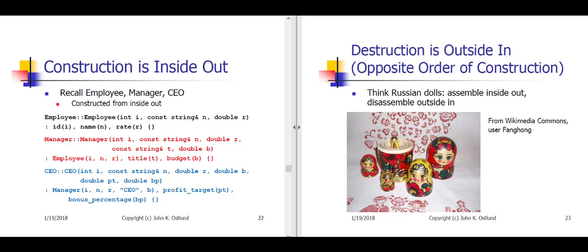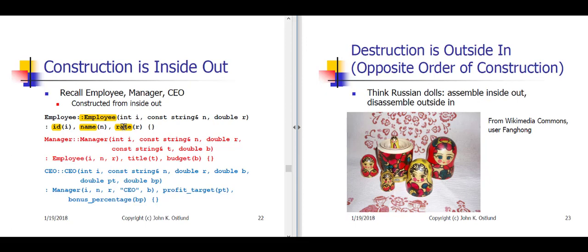Here on slide 22, we're showing a reminder of our employee, manager, CEO class hierarchy with constructors for each one of those. Remember that an employee has an ID number, a name, and a rate, and so the constructor for the employee class initializes those private data members.